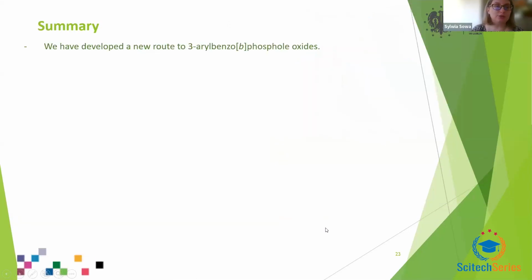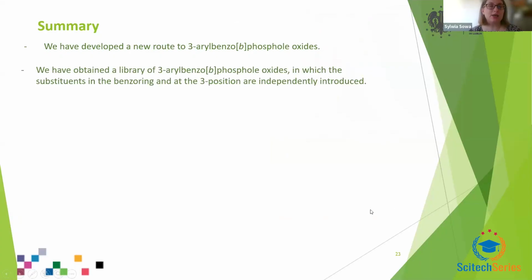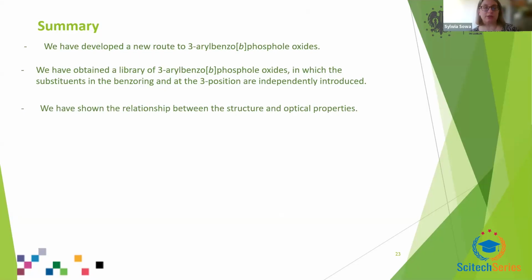So at the end, I just want to summarize that we have developed a new route to a new library of 3-aryl benzophosphole oxides. We have obtained a library of these compounds in which the substituents in the benzo ring and at the 3 position are independently introduced, which was very difficult before, and we have shown the relationships between the structure and the optical properties of these compounds.